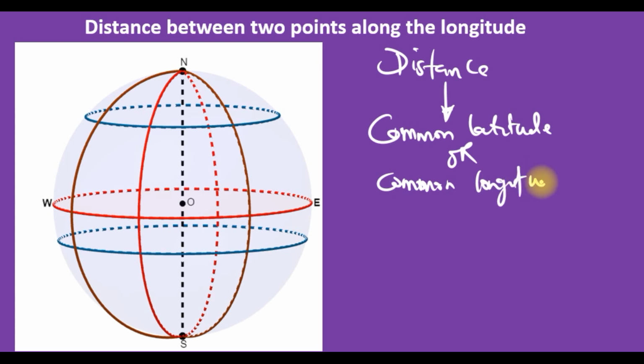So that's the first thing. So since we're on longitude, they must have common longitude and different latitudes. So that's it. So we're on longitude. So assuming I want to calculate like this point.